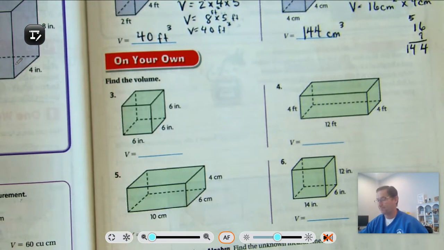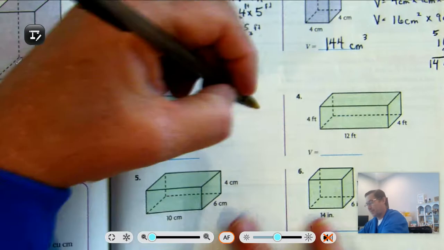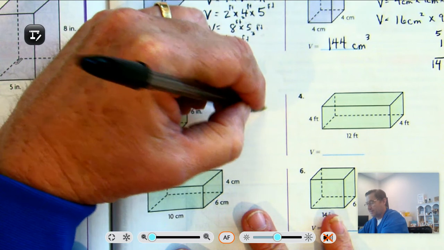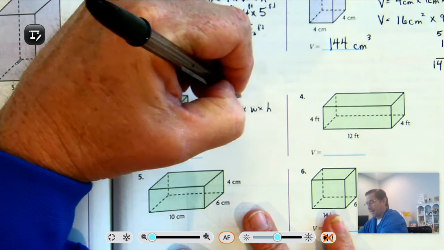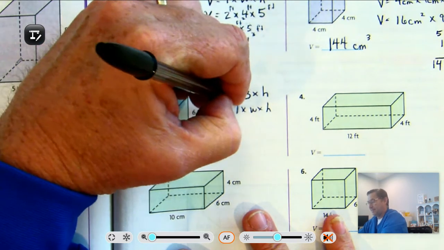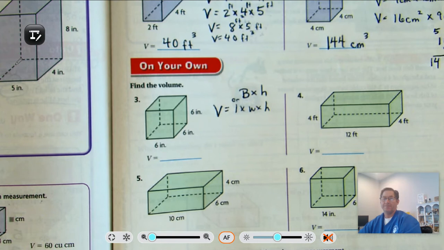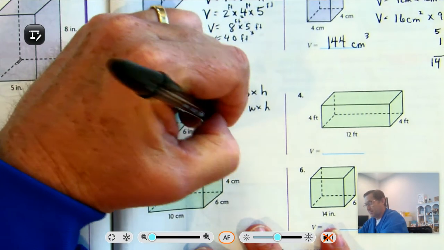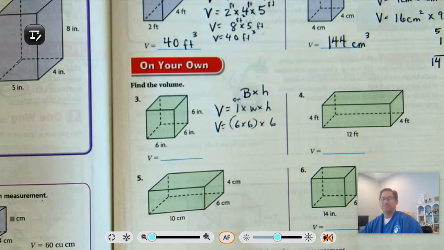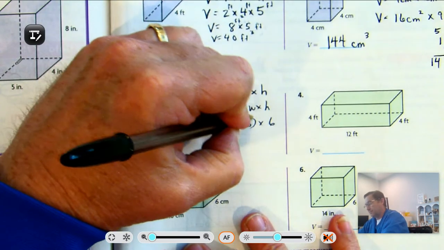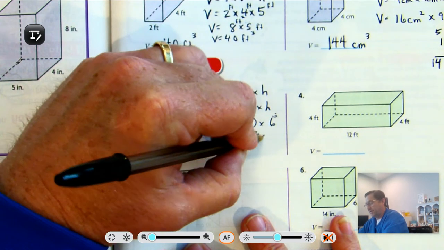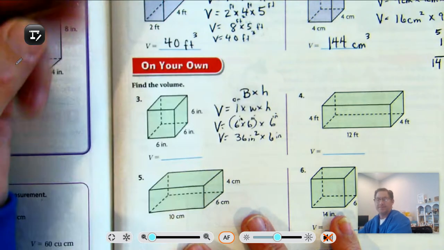Okay. Number 3. Again, we're finding the volume. So volume equals length times width times height, which is the same as saying base times height. So 6 times 6 times 6. 6 times 6 is 36 inches squared times a height of 6.